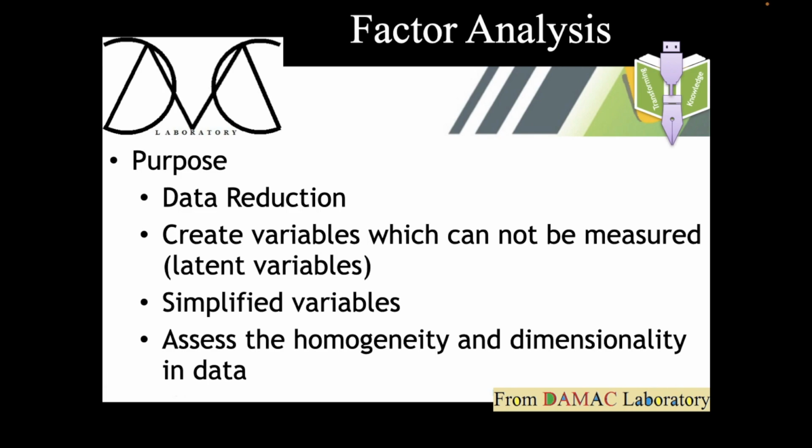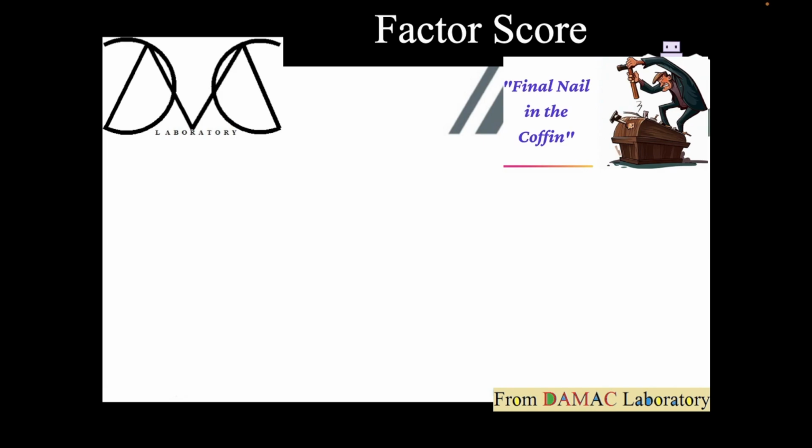Create variables which cannot be measured. So what are the values of those n latent variables, right? What are the homogeneity or dimensionality of the data of those n variables? That lies in the term called factor score, and that is the last step of factor analysis.